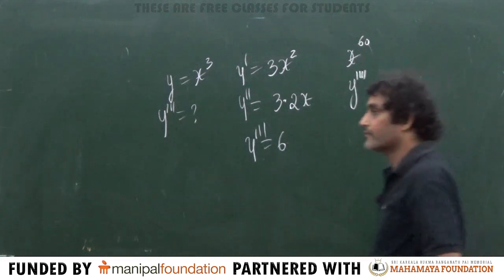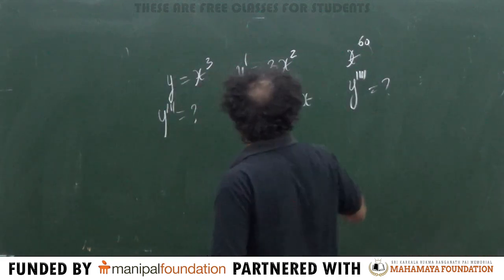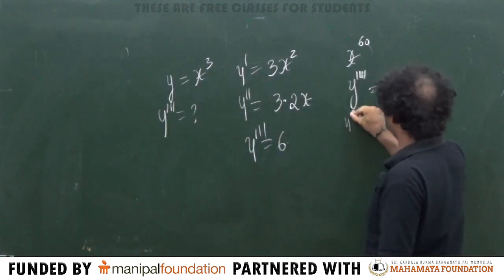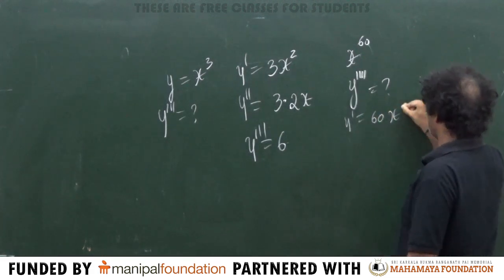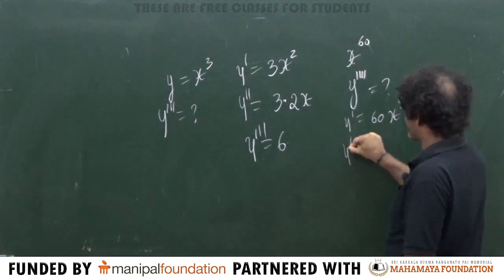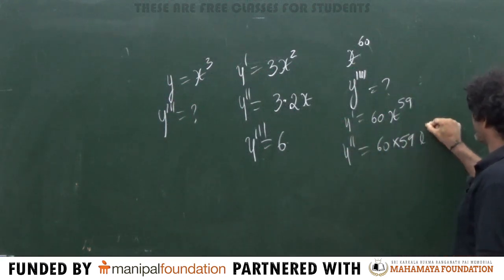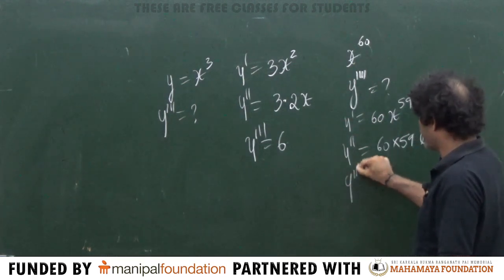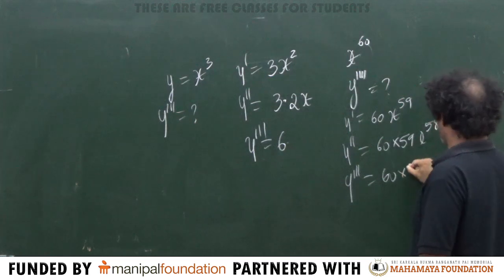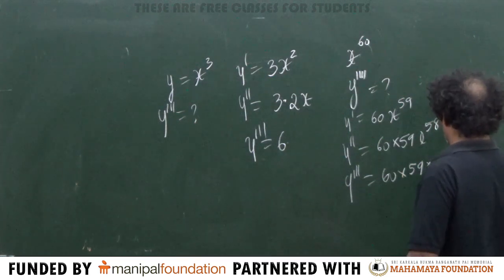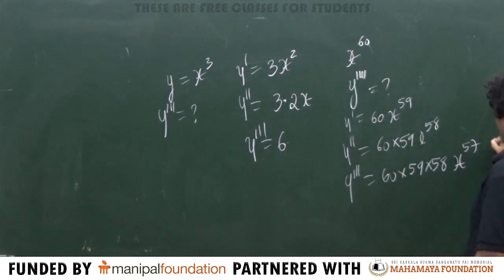So can you get this? First time when you do 60 x to the power 59. Second time 60 into 59 x to the power 58. Third time 60 into 59 into 58 x to the power 57.